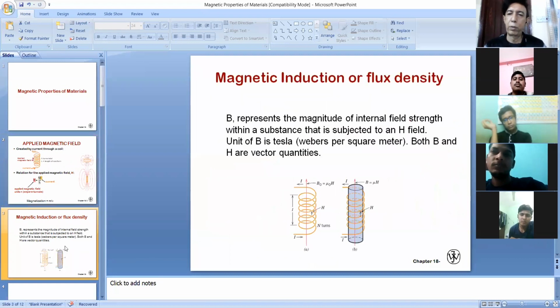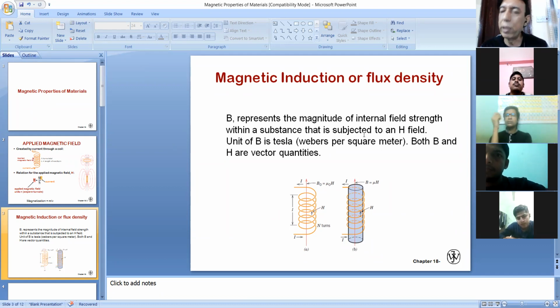But here in the magnetic material, there is no turn. So it has a unit of Tesla, or Webers per square meter.